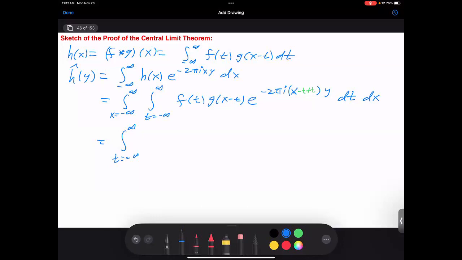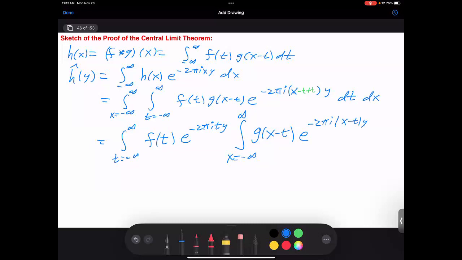So I'm going to have f of t, e to the negative 2 pi i t y, and the integral x goes from minus infinity to infinity, g of x minus t, e to the negative 2 pi i (x minus t) y dx, dt.